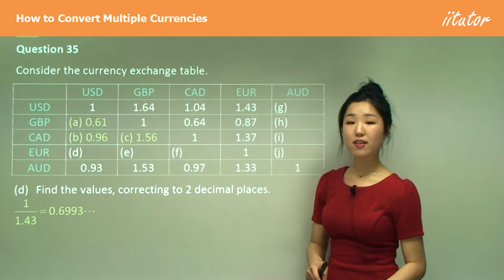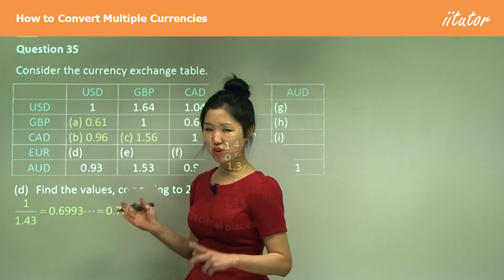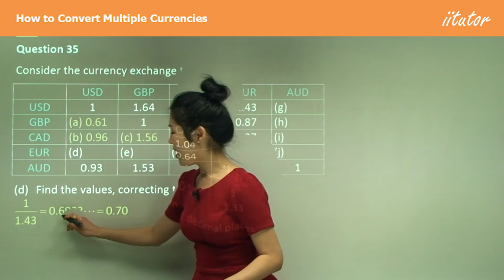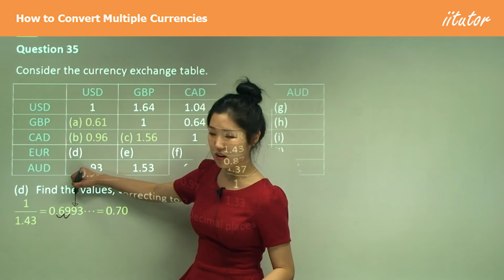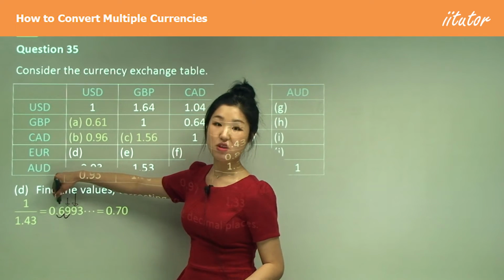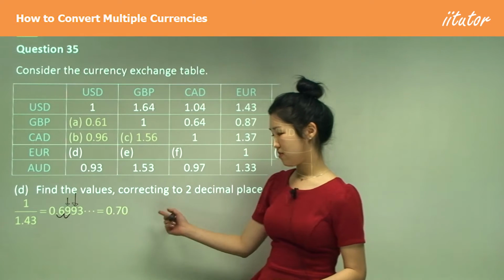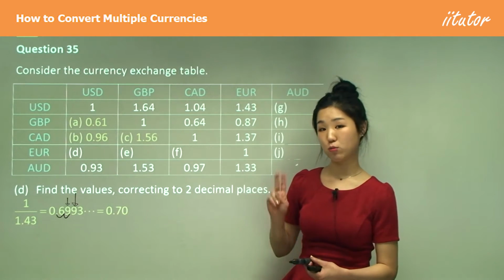Calculate it using a calculator, round it to 2 decimal places. And here guys, I'm pretty sure you all know how to do this one, but it's 2 decimal places. Because the next number is 9 and you have to round this up, so that becomes 70. So make sure it's 0.70. You've got to stick the 0 when you round it to 2 decimal places.